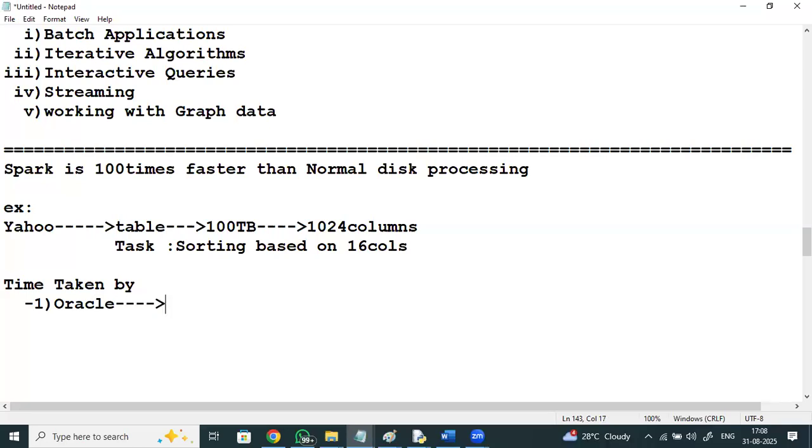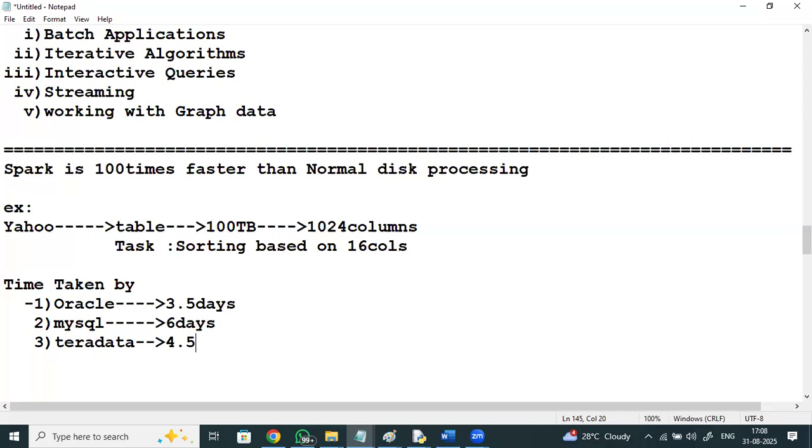Oracle took around 3.5 days. Teradata, a specialized database used for data warehousing, took just 4.5 hours.